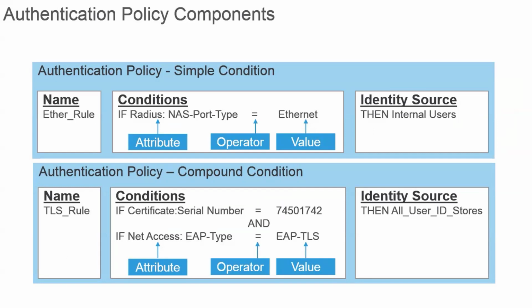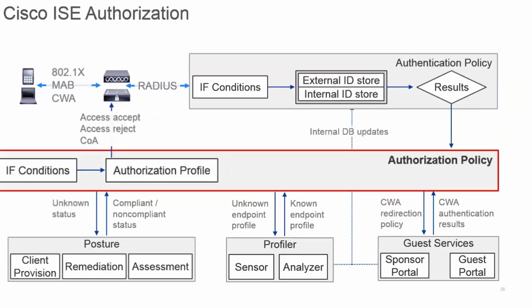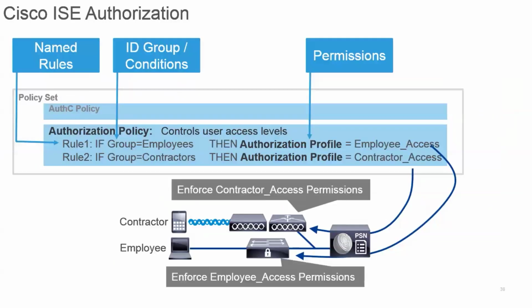Then you have multiple conditions in authentication. You have simple conditions and compound conditions that you can add. The same thing you have in the authorization policies as well: simple and compound. Now, once the device gets access, you can see the employee access and the contractor.